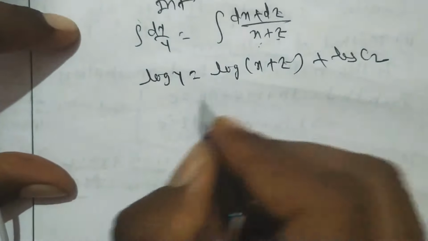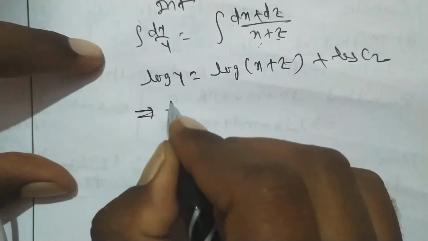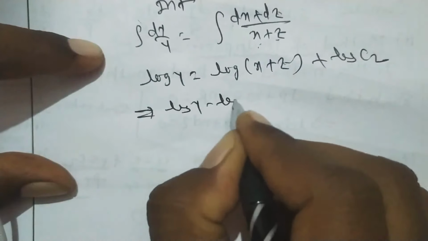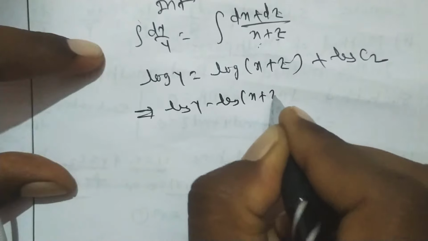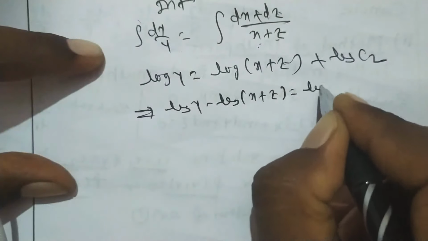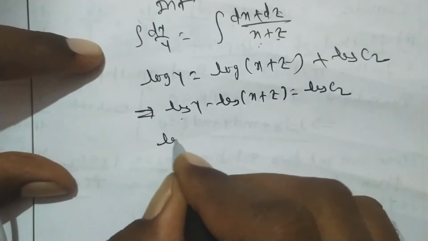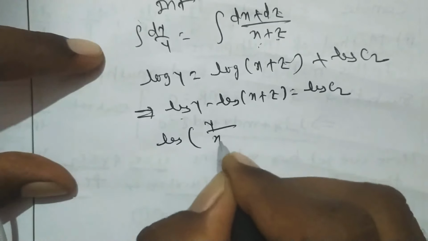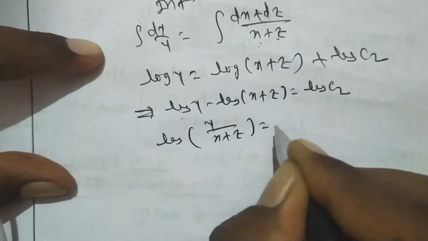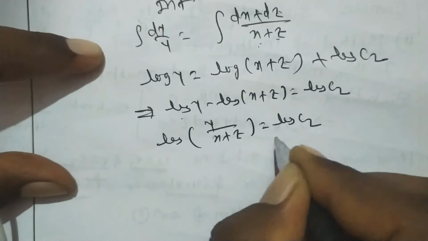After simplification, log y minus log of x plus z is equal to log c2. We know that log a minus log b is log of a by b, that is log of y upon x plus z is equal to log of c2.